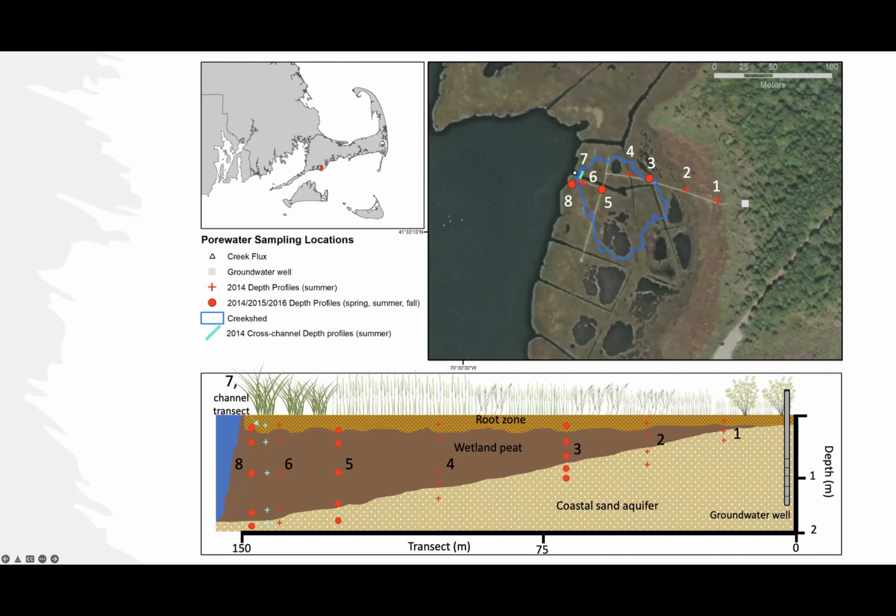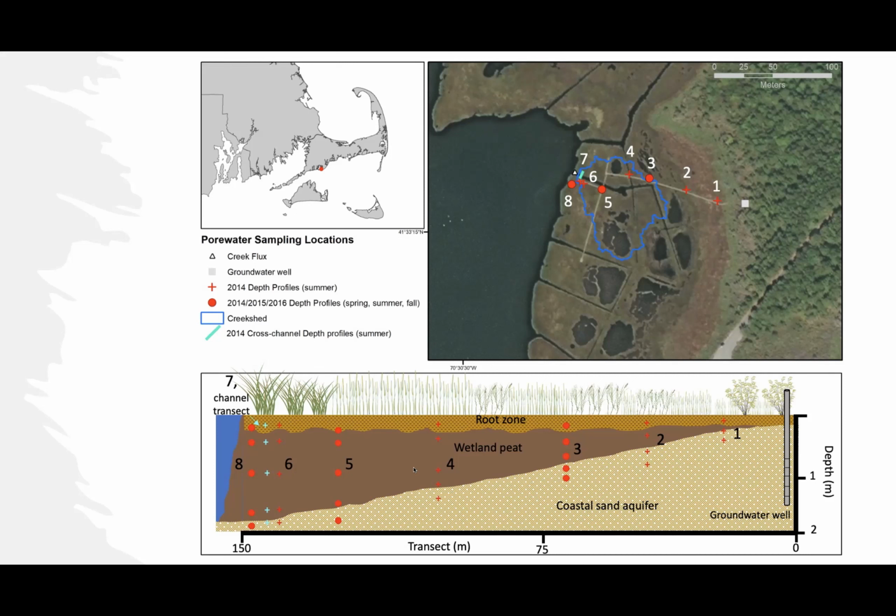So we can look at this cross section and look at the cycling of trace metals as well as carbon. That's what I'm going to be showing you today. I've divided the rest of the samples into regions that are indicative of this sandy coastal aquifer underneath the peat, as well as samples that are taken within the peat.